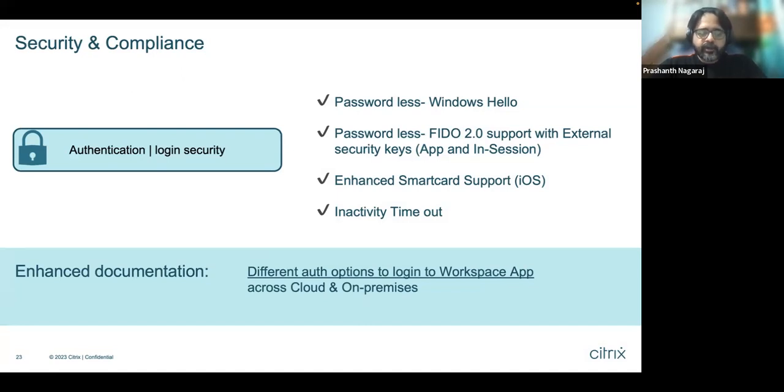We've introduced support for modern authentication, which includes passwordless with Windows Hello and passwordless with FIDO2 with external security keys. When I say FIDO2 with external security keys, it's for logging into the Workspace app itself, and that's available on Windows today.